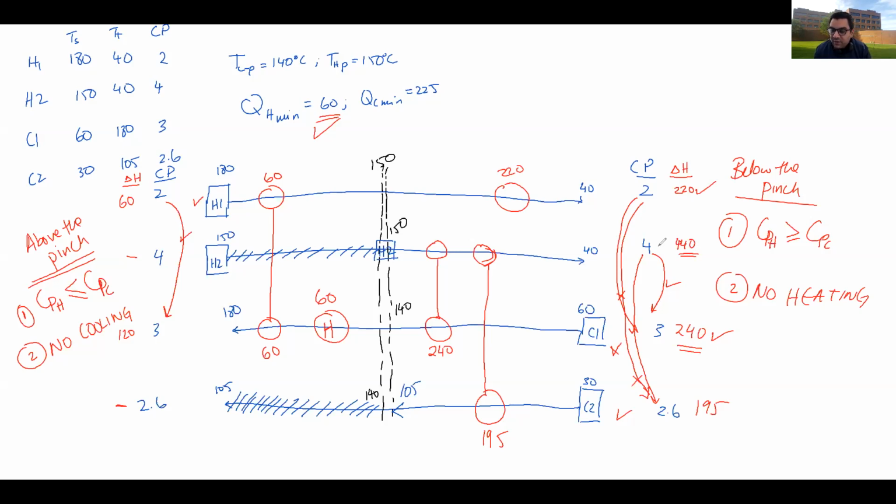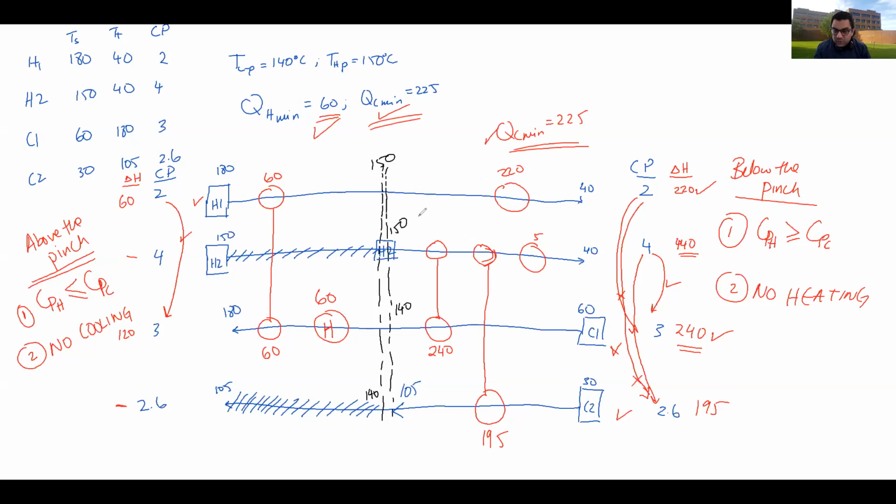So it still has 5 left. So I'm going to add a small cooler here, heat exchanger, with 5 kilowatts, right? So 220 plus 5 is 225. So my QC minimum is equal to 225. And this matches this number. So my calculation is correct.